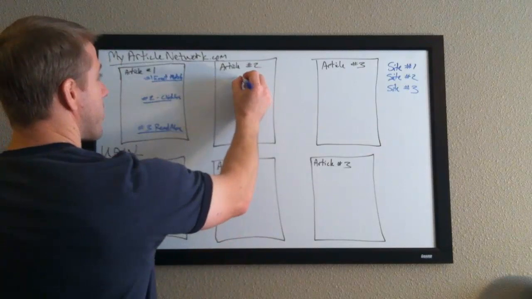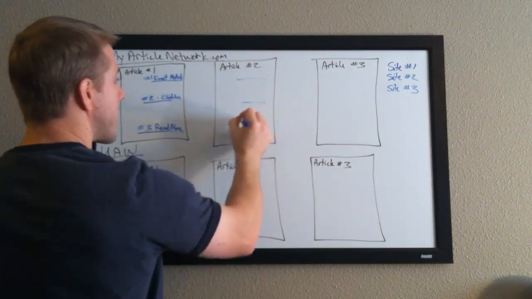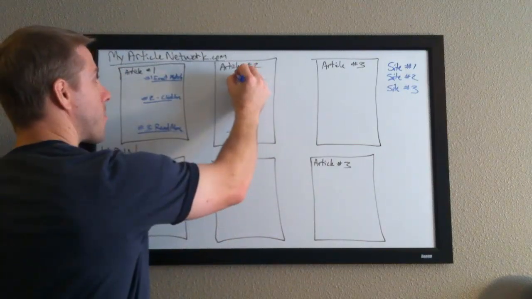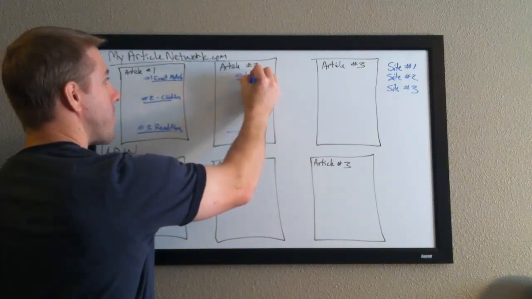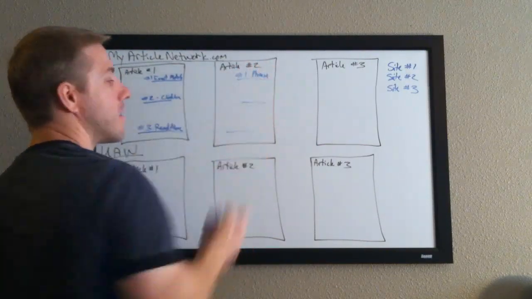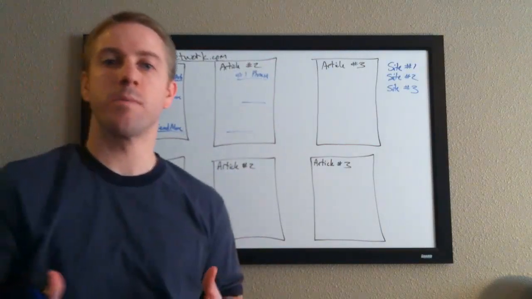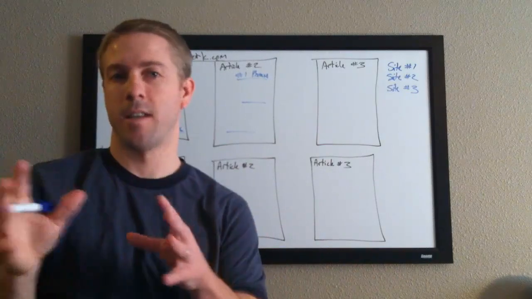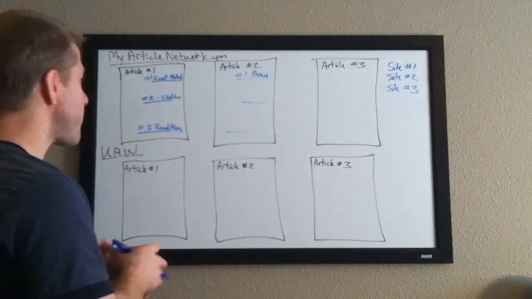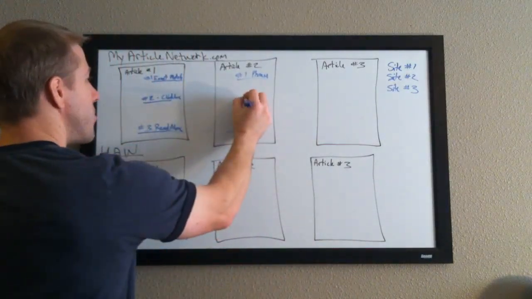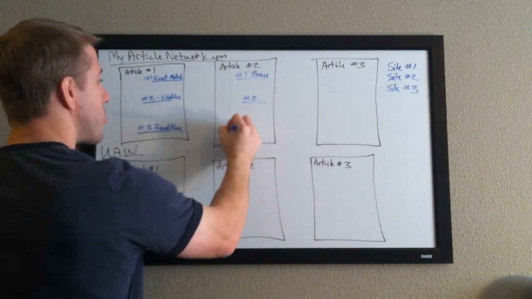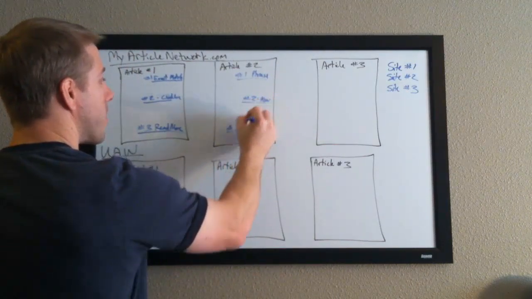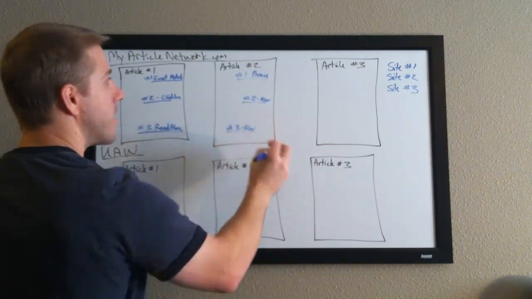Then in the second article, again, I've got 3 links. The first one goes to site number 1 with a phrase match. So not the exact keyword, but something that may include an entire phrase that has some of the keywords within that. And then I do the same thing, number 2 and number 3, with non-keyword related anchors.